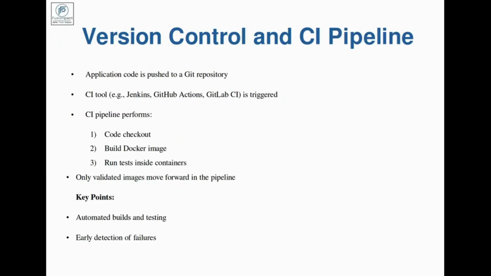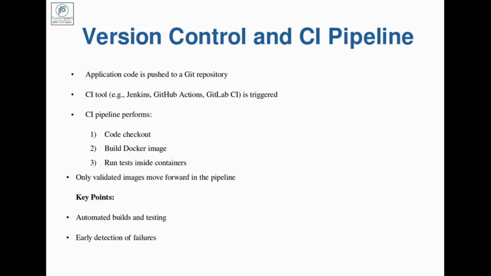The third thing is version control and the CI pipeline, the continuous integration pipeline. Whenever there is a push on the code side, it will automatically get fetched by whatever CI/CD tool we are using, like GitHub Actions or Jenkins. We are taking the example of Jenkins. It will automatically fetch the code first, whenever there is a push or pull, and we can define that.